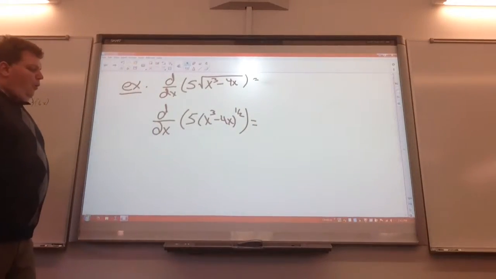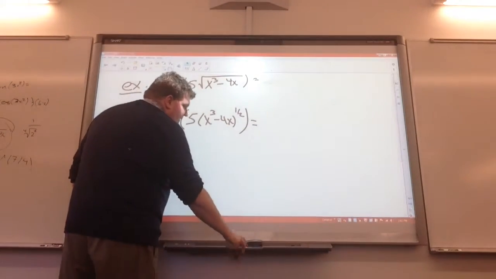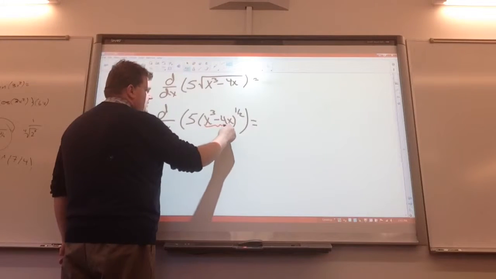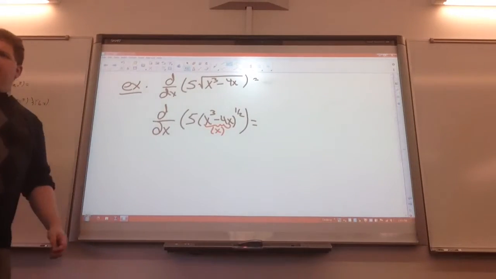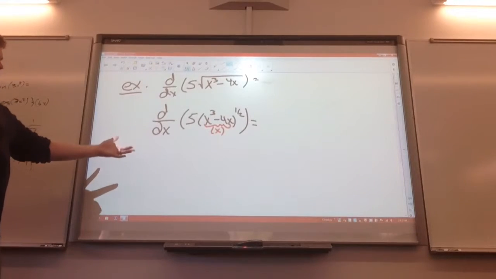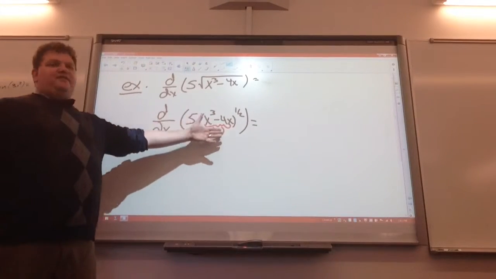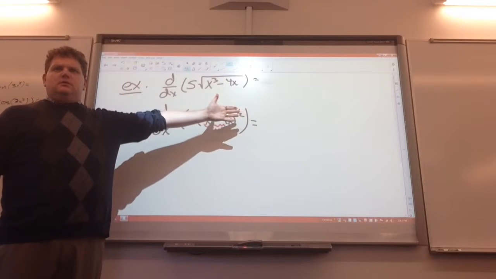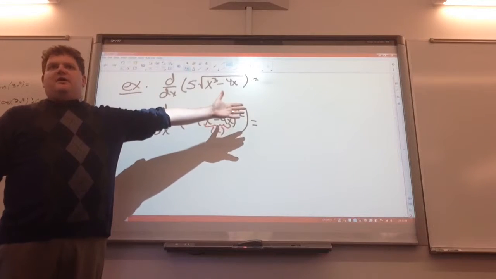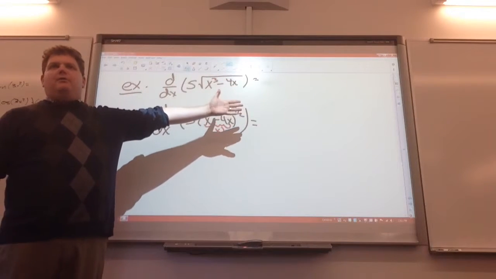Okay, what I'm going to do is I'm going to think of this stuff in here as basically just being x, in which case this thing would then become 5 x to the 1/2 power, right? And I can do the derivative of that easy, correct? It's a simple power rule, right?